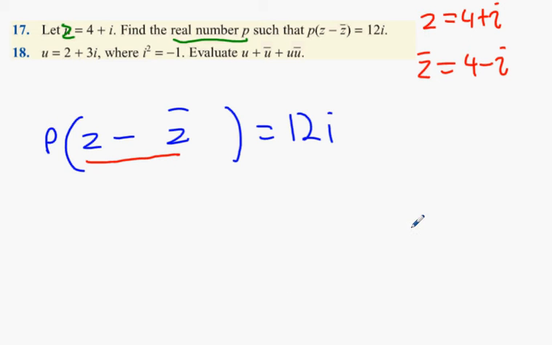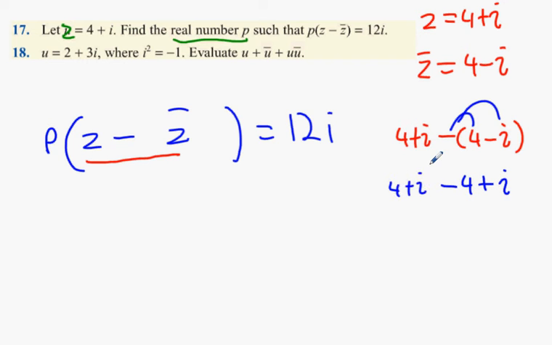So Z minus the conjugate will be 4 plus i, take away bracket 4 minus i. The minus multiplies in, and it becomes minus 4 plus i. Now what happens to the 4 and the minus 4? Cancel.